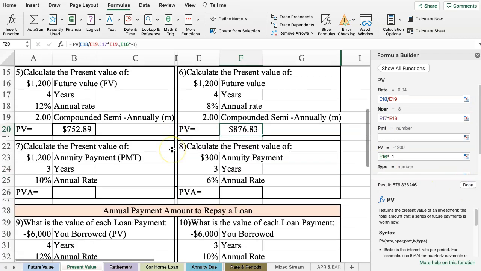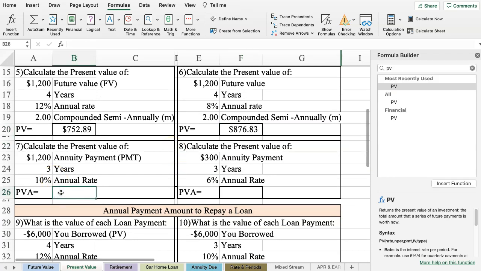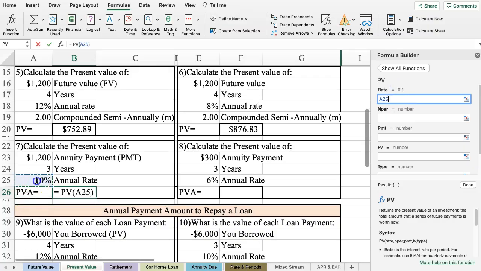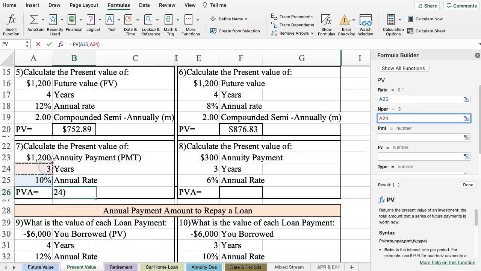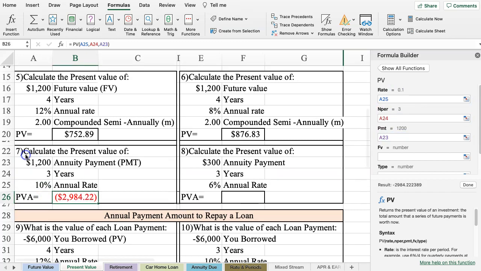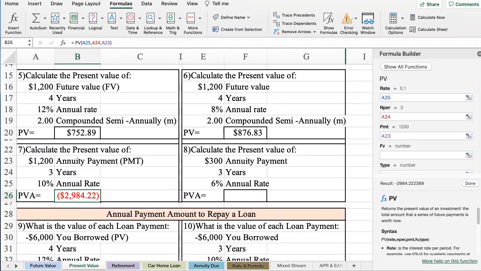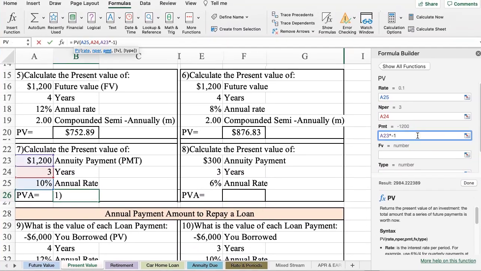Now, what if we have an annuity? What is the present value of $200 a year for 3 years at a 10% rate? I'm going to use the present value function, with N per here, but I'm going to put the $200 in the payment. What is the present value of receiving $200 a year for 3 years, discounting at 10%?